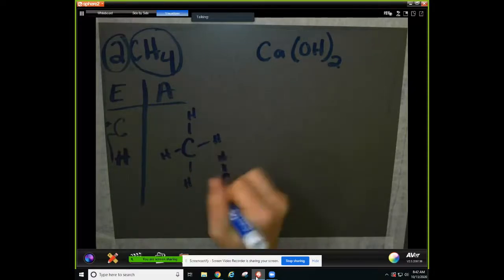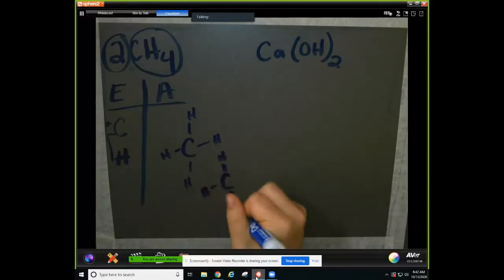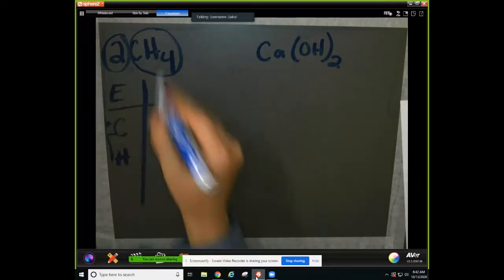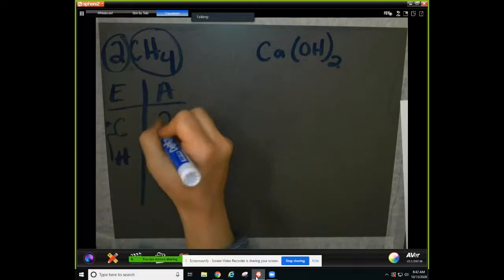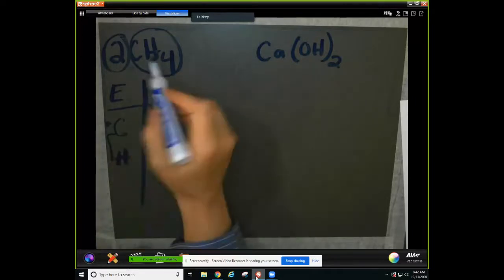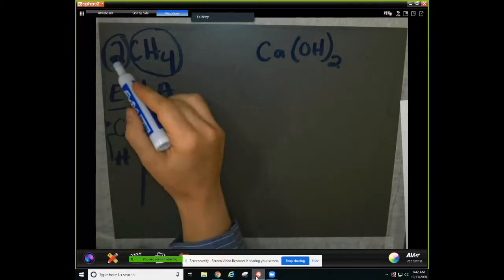That's 2. So we have 1, 2 of those compounds. So I have 2 carbons. And then there's 4 hydrogens in 1 molecule, but there's 2 molecules.